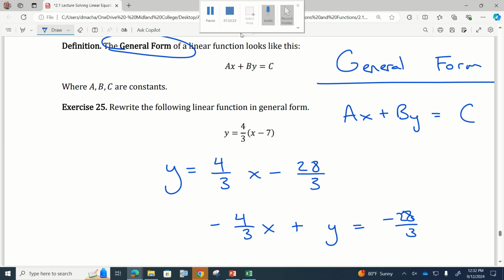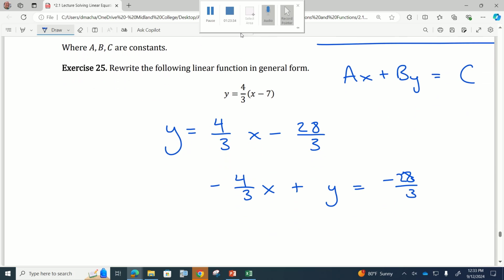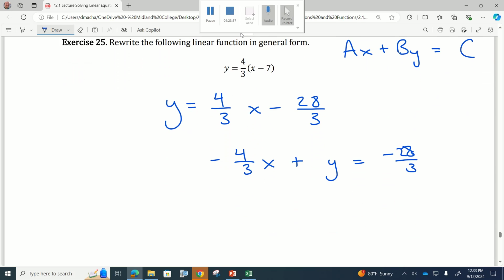But I'll tell you this too. If this is a test question, I might also represent your answer choice a little bit differently because you can make this look nicer. If I have all rational numbers, I can multiply both sides of the equation by the denominators, and I'll end up with only integers. And so the integer version of this is to multiply everything by 3.